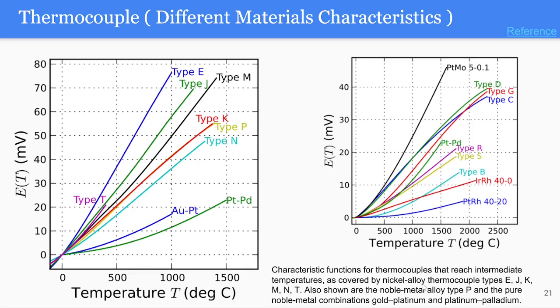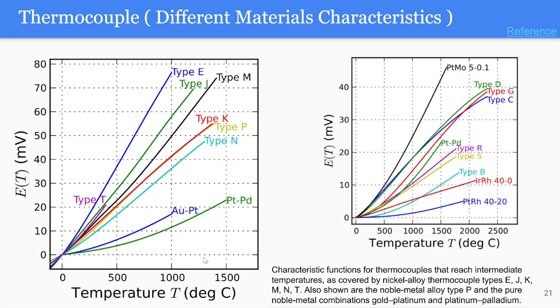So these are all nickel alloy thermocouples of types E, J, K, M, and T. Also shown are the noble metal alloy type P, right here, okay, and the pure noble metal combinations gold-platinum and platinum-palladium. So, in simple words, these are all different types of materials, metals.